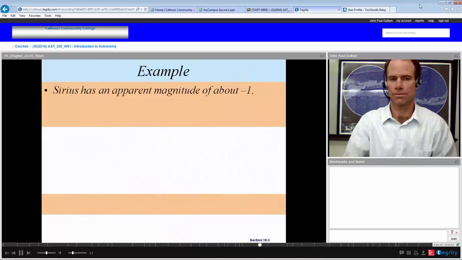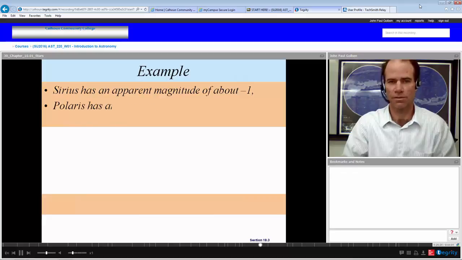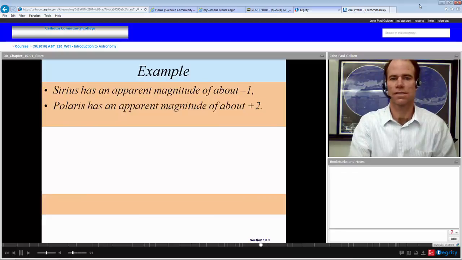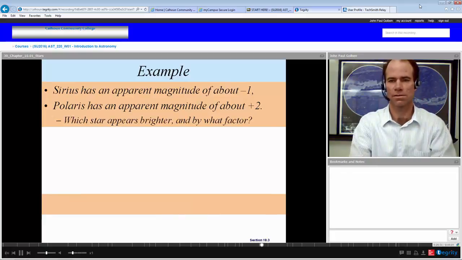For example, Sirius has an apparent magnitude of about -1. Polaris has an apparent magnitude of +2, so there is a 3 magnitude difference between those two stars. Which star appears brighter and by what factor? Well, magnitude gets brighter as you go lower in number.